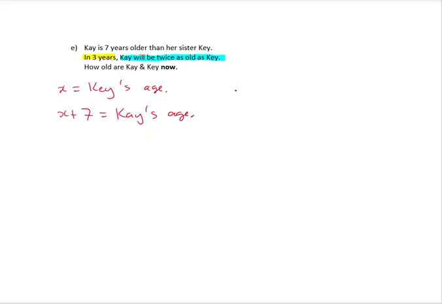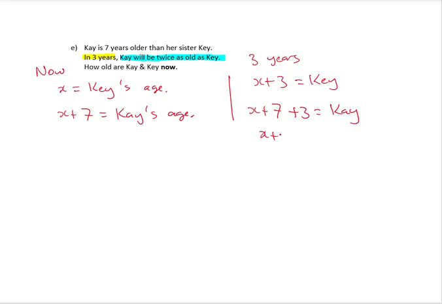So I'm going to add 3 years. So this is my now, and then this is my 3 years. So x plus 3 is Key, and then x plus 7 plus 3 is K. So this is what it'll be like in 3 years' time.